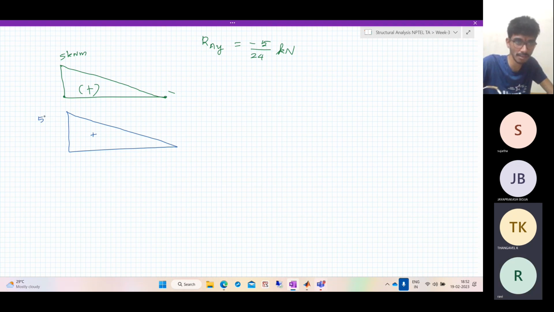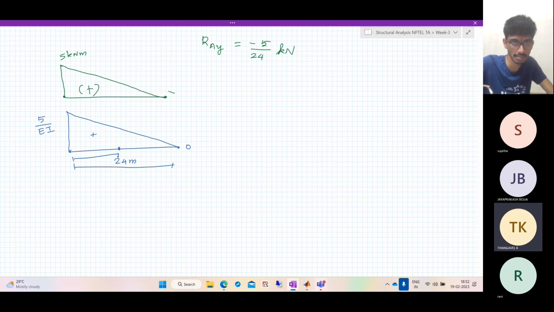So the maximum will be 5 by EI and this is 0. And the total length is 24 meters and this is the midpoint, so this is at 12 meters. This is the point C, this is the point A, and this is the point B.